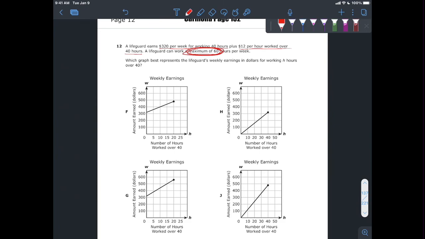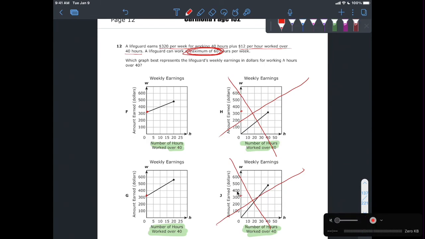So, first of all, I'm looking at the graphs. I'm noticing that the domain is number of hours worked over 40, not total number of hours worked. So that means I should start off at $320. And it looks like H and J are no longer contenders.